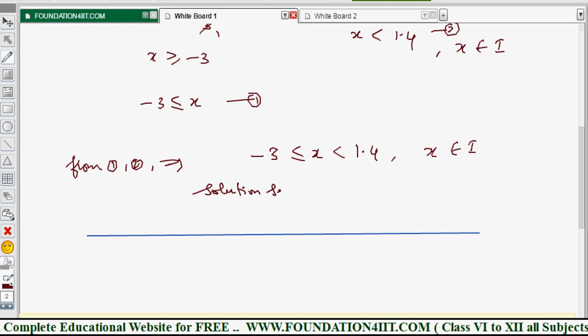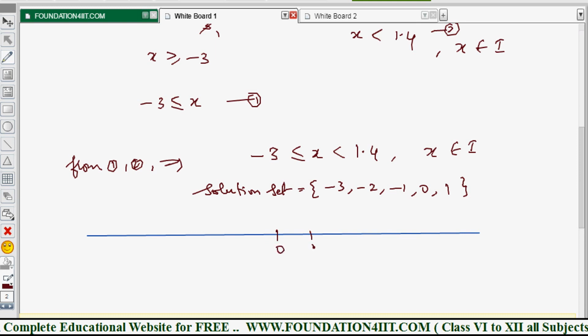So the solution set is here. Minus 3 is included because minus 3 is less than or equal to x. So minus 2, minus 1, 0, because of integers even negative, and 1. 2 is not there because x is less than 1.4. So 1 is there. Okay, this we can represent on the number line.